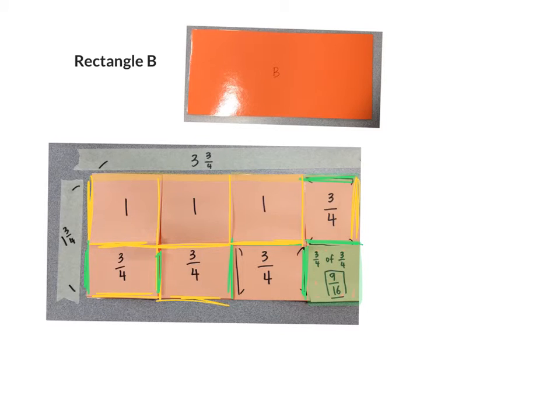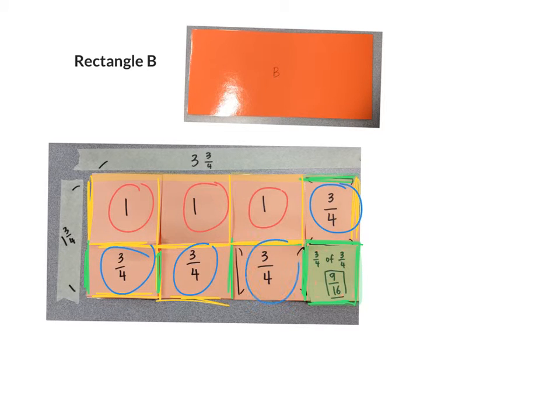So therefore, this missing piece, it must be 3/4 by 3/4 or 3/4 of 3/4. Go ahead and write in your tiling and then also figure out what the area is. How can I figure out the area? Well, I just have to add up 1 plus 1 plus 1 plus 3/4 plus 3/4 plus 3/4 plus 3/4 plus 9/16. Go ahead and do that.